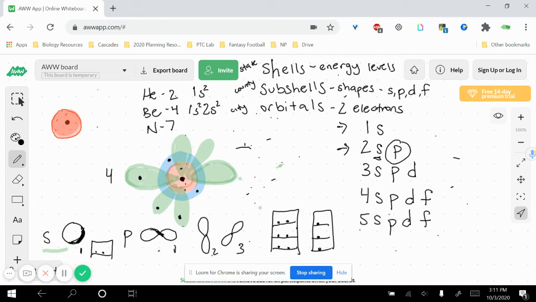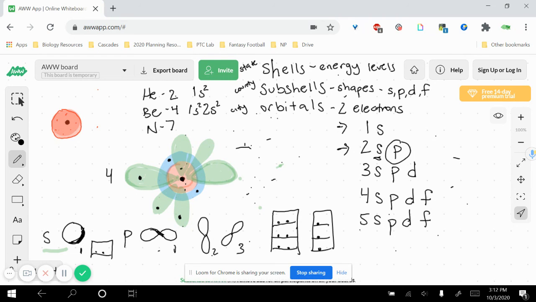So we've got shells that are represented by numbers, subshells that are represented by these letters, S, P, D, and F, and each different subshell can hold a different number of orbitals. And we talked about in this video the s orbital, or the s subshell, which just holds 1 orbital. So the s orbital and the s subshell are kind of the same thing.